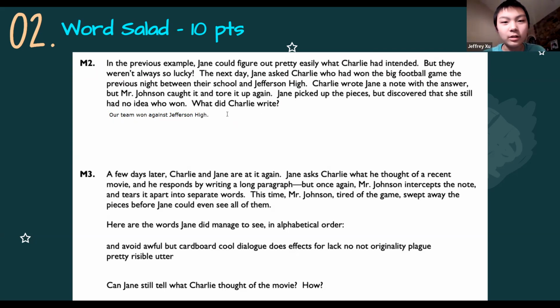Then the two high schools are interchangeable in the sentence, which means that you can switch this and change it to "Jefferson High won against our team." So anything that works like this would be a correct answer.